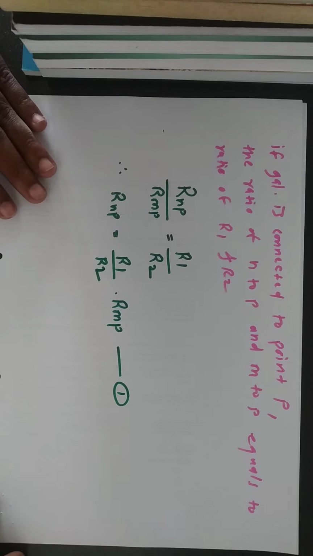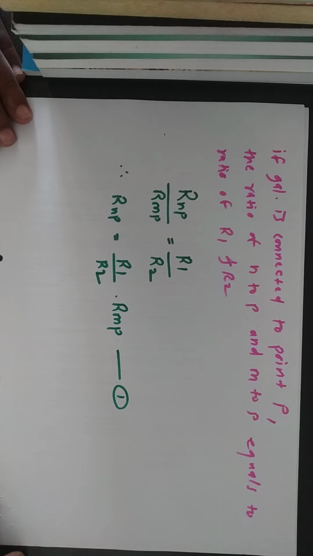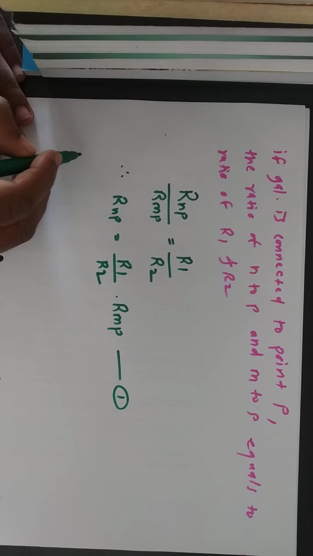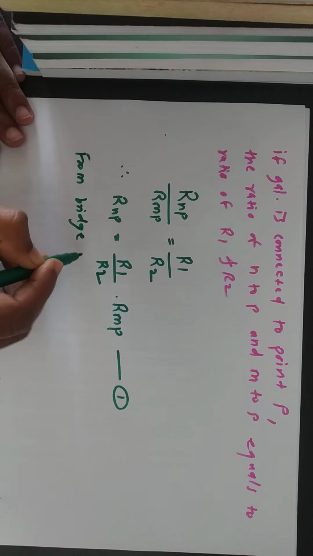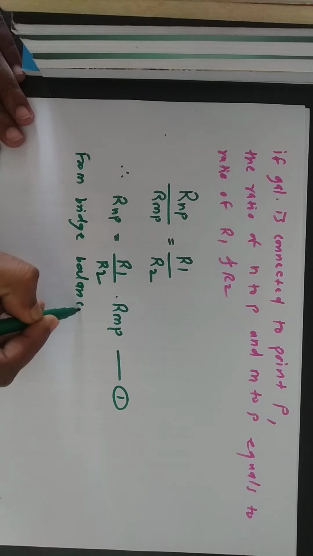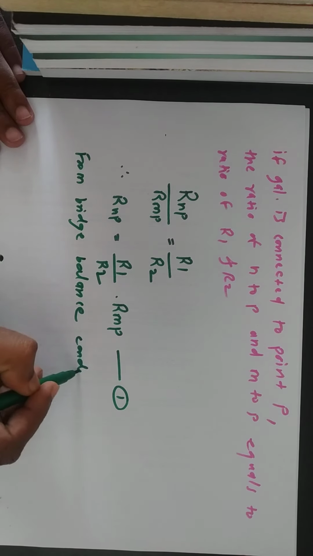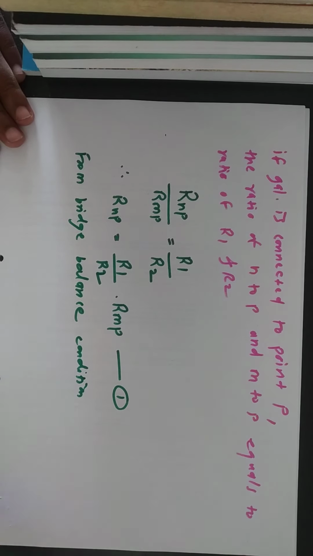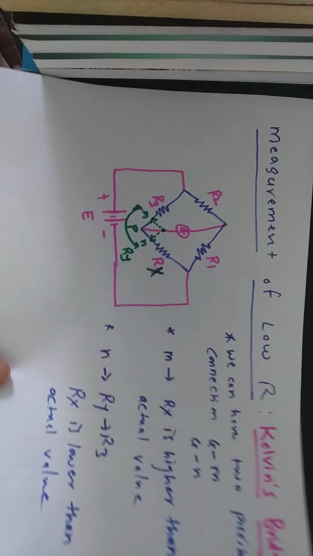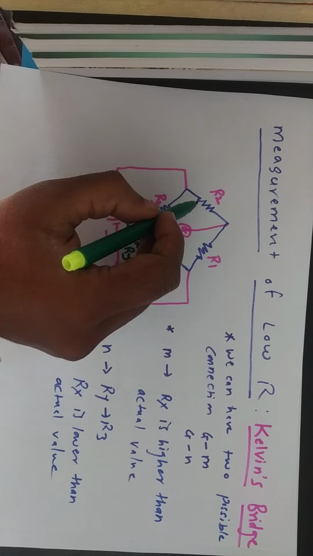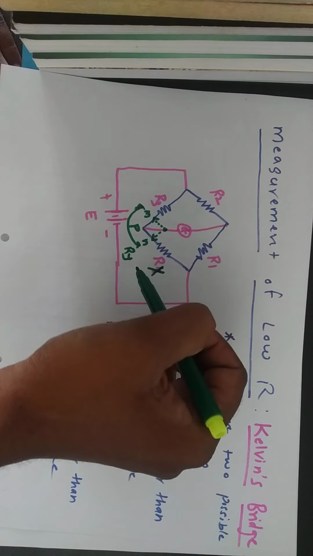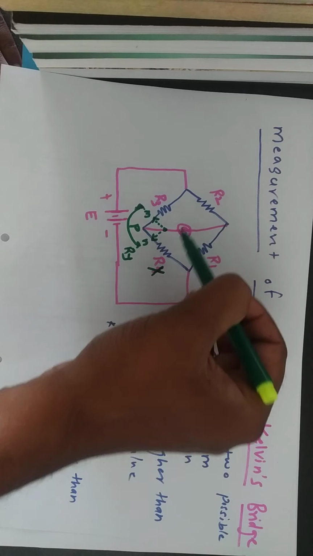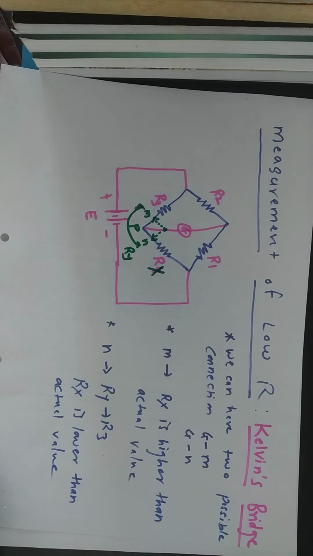And from the bridge balance condition we know, as I told you previously, that you can simply multiply these arms, that is R2 into Rx and R1 into R3. So you can get this bridge balance condition.